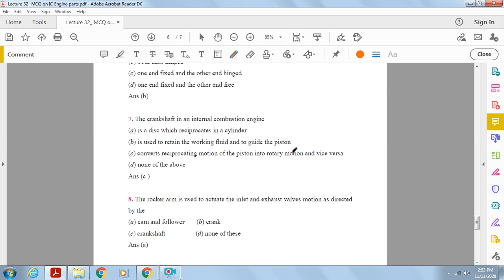The function of the crankshaft in the IC engine is to convert the reciprocating motion of the piston into rotary motion, or vice versa, that is, reciprocating to rotary or rotary to reciprocating. This transformation of motion is accomplished with the help of the crankshaft.